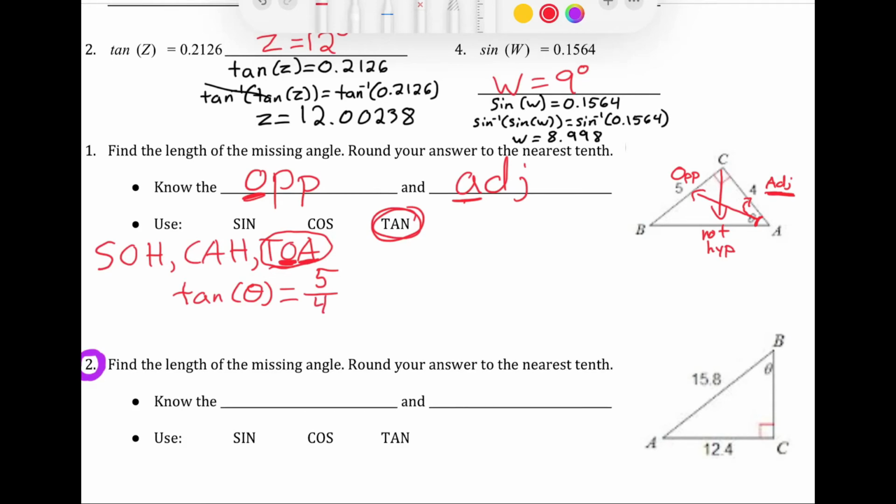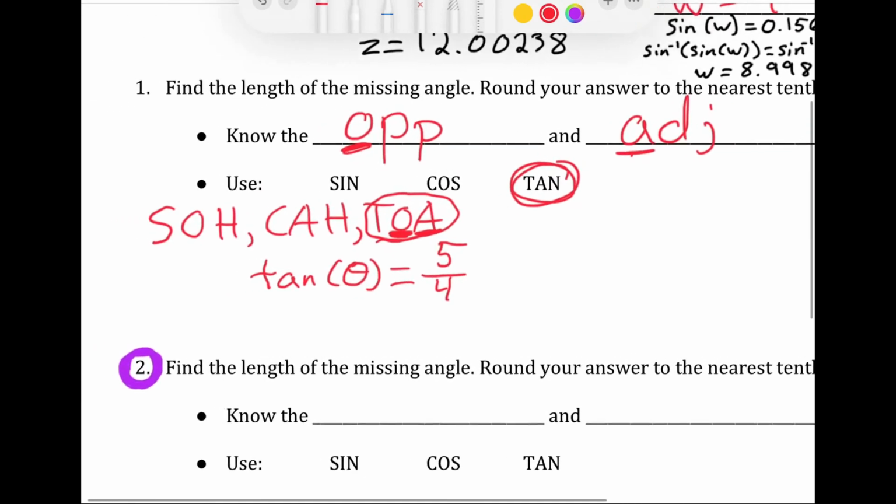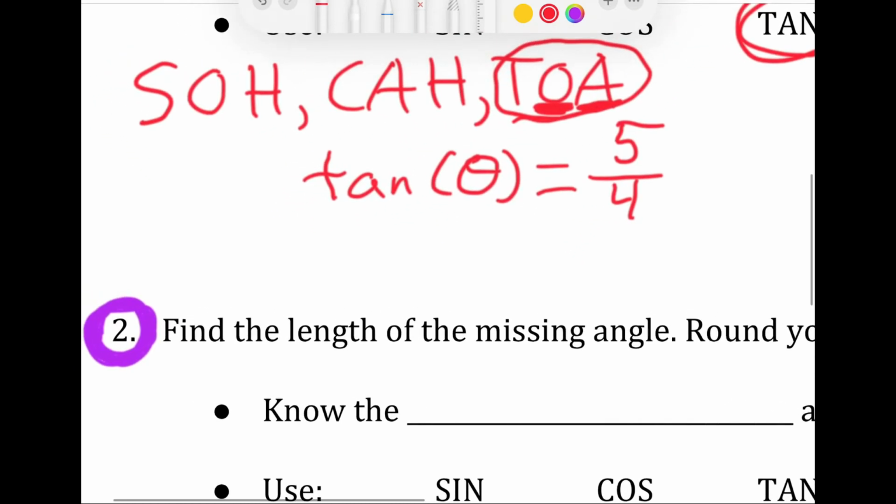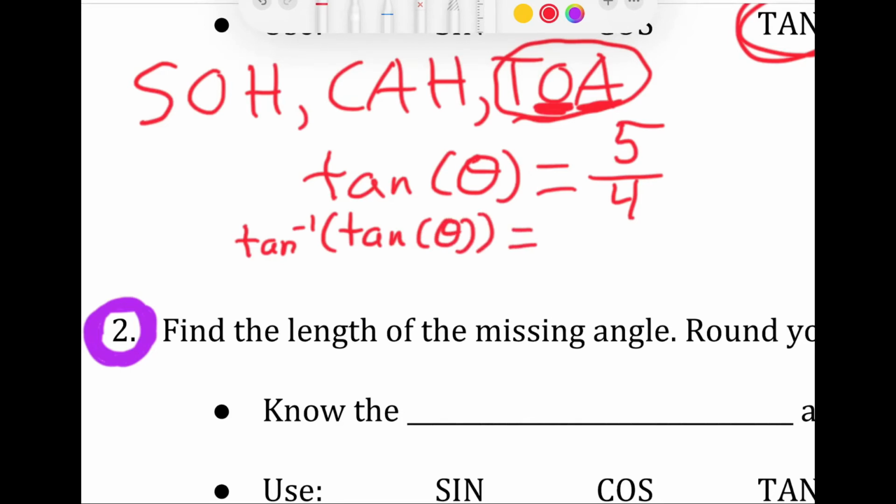And then we're going to solve for our theta. Well, similar to what we did in the last section, we have to get theta by itself, or our angle by itself. So we got to do the inverse operation of it. We're going to do inverse of tangent to get rid of tangent. What we do on one side, we have to do to the other. So we're going to do inverse tangent of 5 over 4.